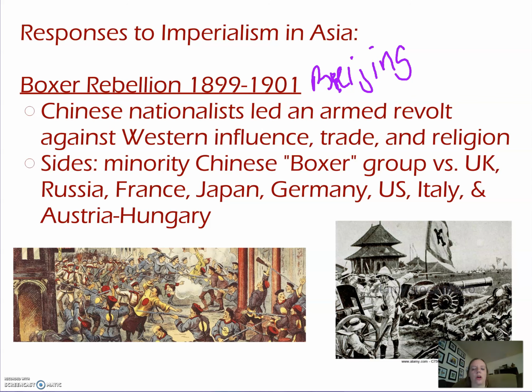And the English called them the Boxers. But they rebelled in the trade district, the financial district of China, and lots and lots of people die as the martial artists go up against the very real, very modern weapons of places like the United Kingdom and Russia and France, as well as a lot of other countries. So lots and lots of people die in that. But it does show that China's trying to fight back against these European oppressors.